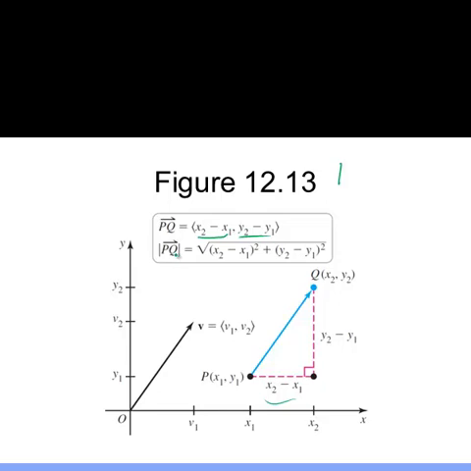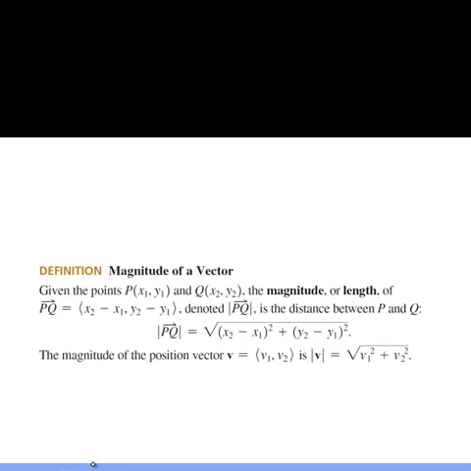Think about what absolute value is for a real number: it just computes the distance between the point and 0 on the number line. Well, the magnitude of PQ is just the length of the vector, using two-dimensional geometry.